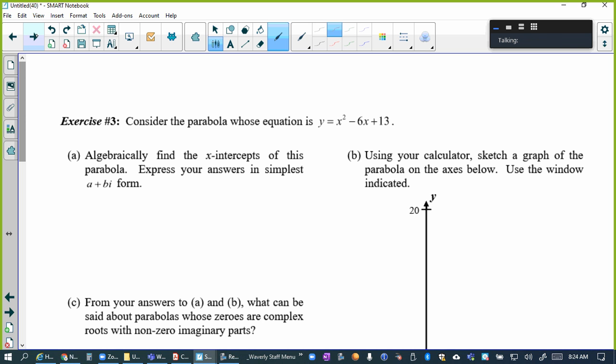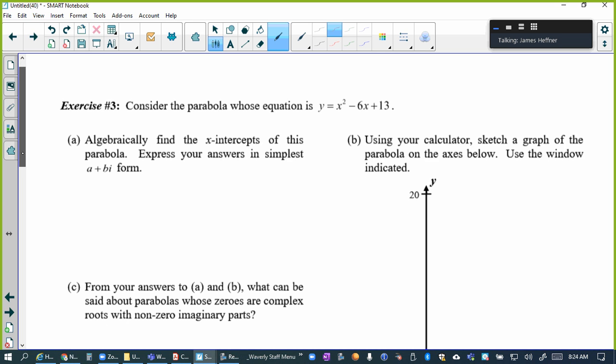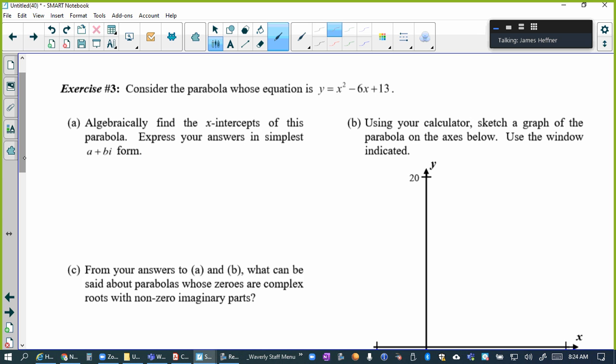Consider the parabola whose equation is y equals x squared minus 6x plus 13. In part A, algebraically find the x-intercepts of this parabola. How would we do that?